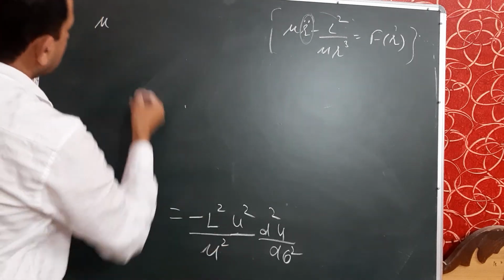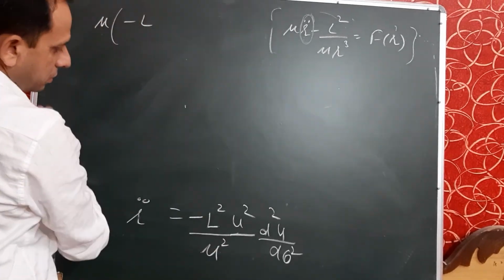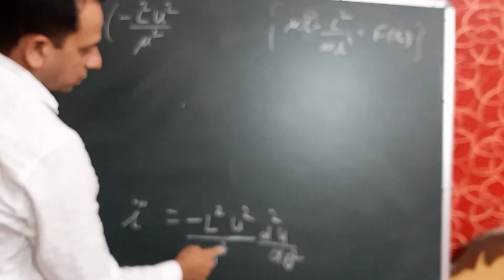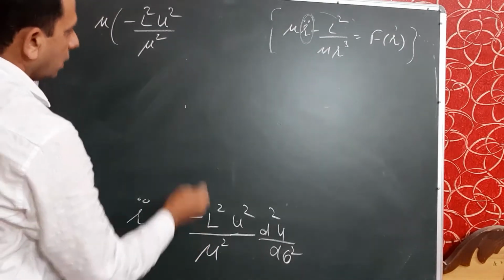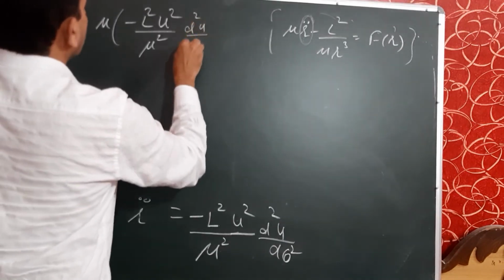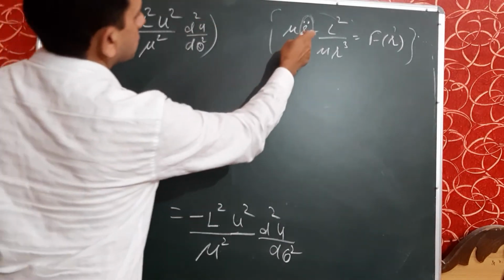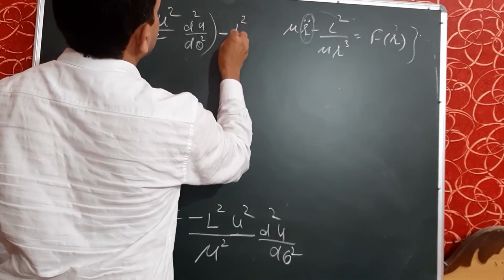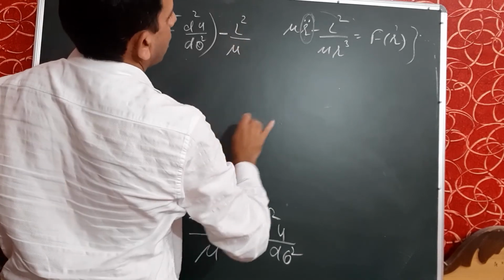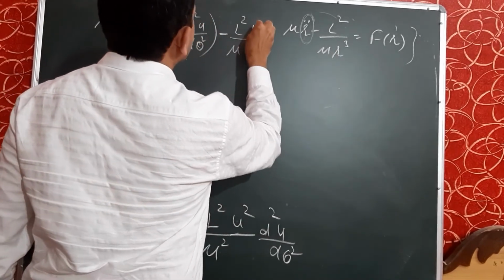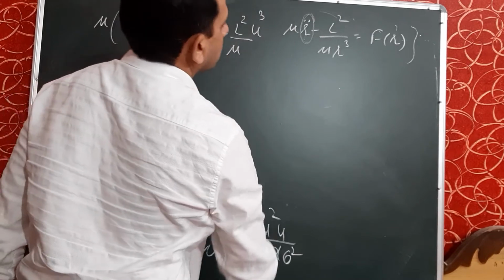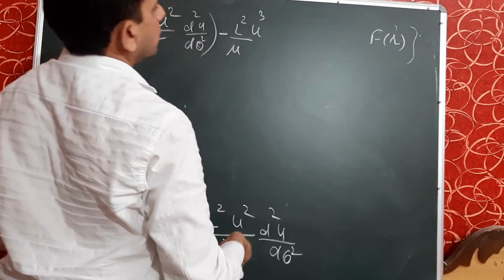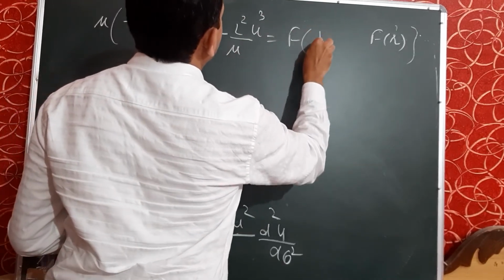R double dot means minus L square u square over mu square into d square u upon d theta square, and minus L square over mu and 1 by r cube, which will become u cube, because 1 by r is u, is equal to f of r, equal to f of 1 by u.